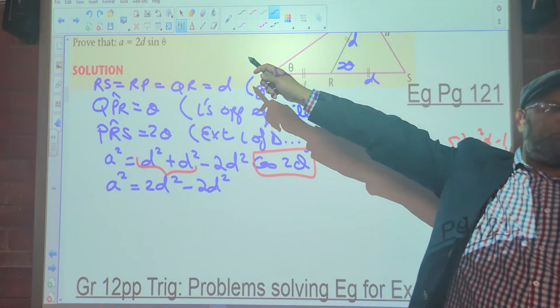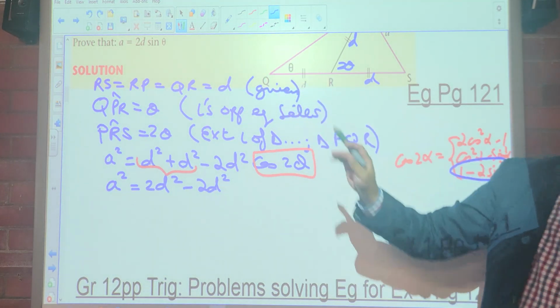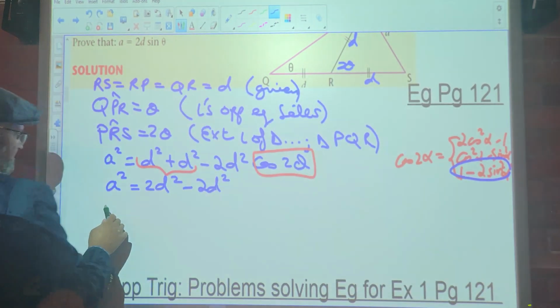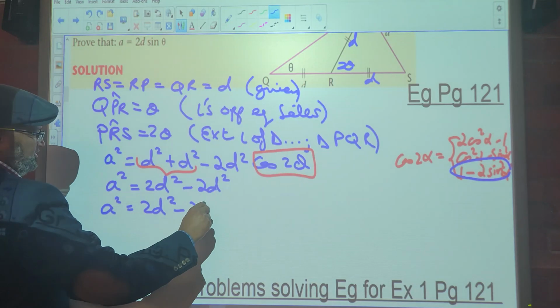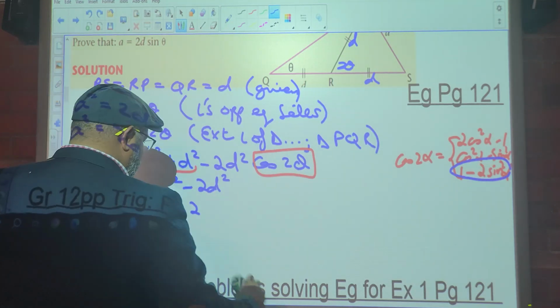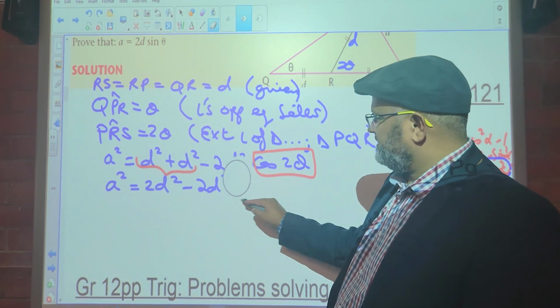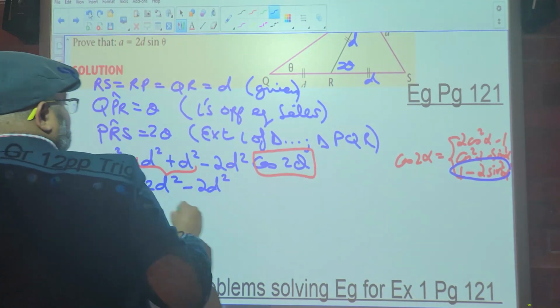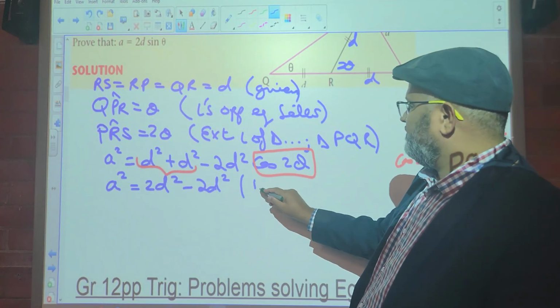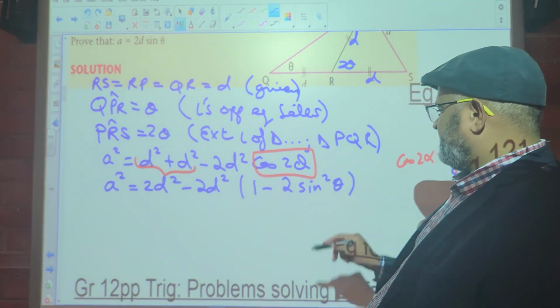That's what we need to end up with. You guys understand? It's easy, no? So A squared is equal to 2D squared minus 2D squared, and this cos 2 theta is going to be written as 1 minus 2 sine squared theta.